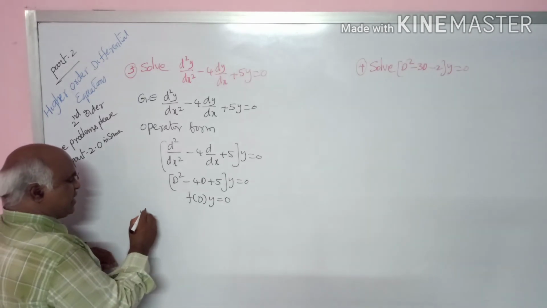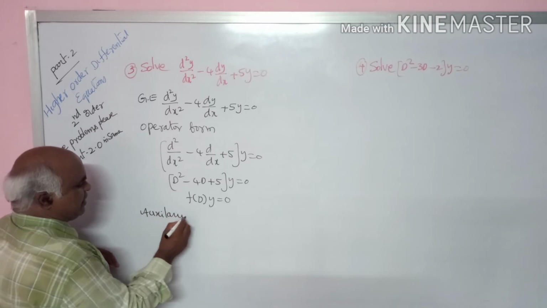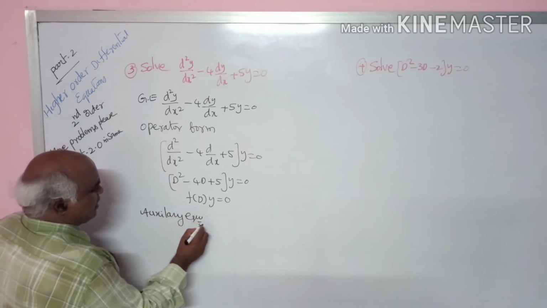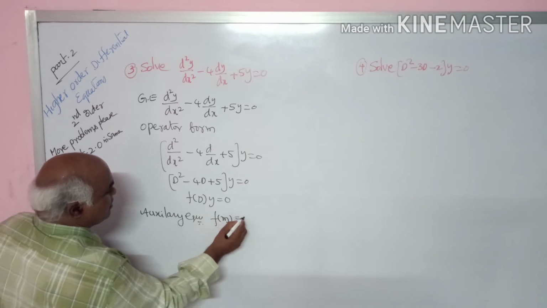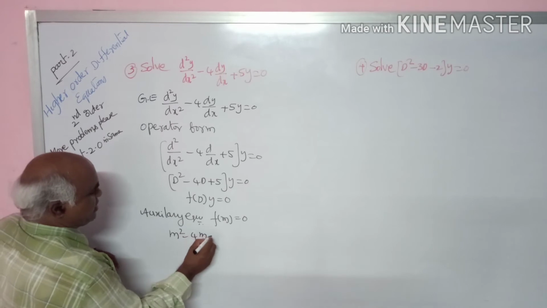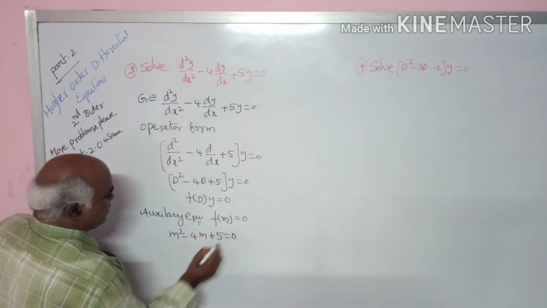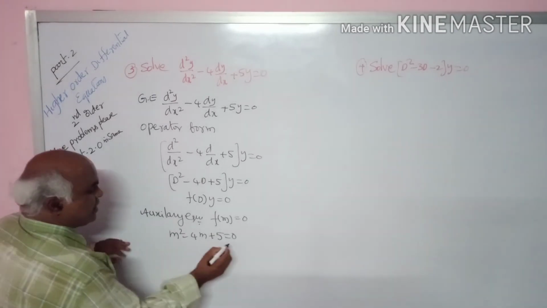Therefore, next write the auxiliary equation. What is the auxiliary equation? Replace D by m. f of m is equal to 0. m square minus 4m plus 5 is equal to 0. It is in the form of a quadratic.